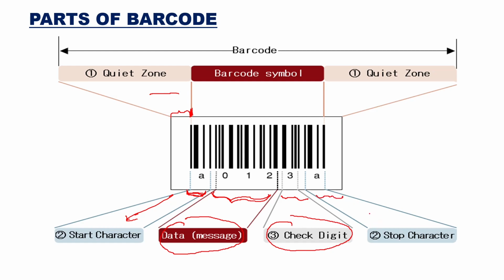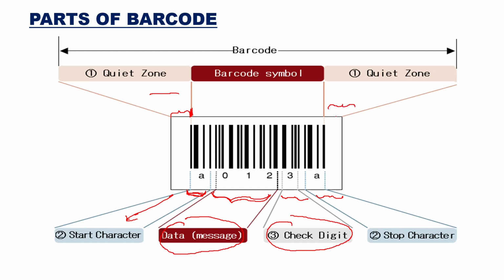So this is how your numbers have been divided. First a start character, then a data message, which is the actual and main information of the product. Then the check digit, which will check it, and then the stop character, which says stop, and after that again you have a quiet zone.